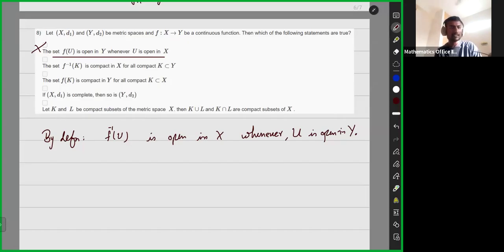So the only compact set inside y is the singleton, and the inverse image will be full X. And take some non-compact thing, let's say real numbers to real numbers, a constant function. Should I write, or you understood? B is false.